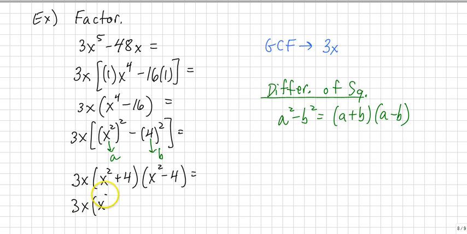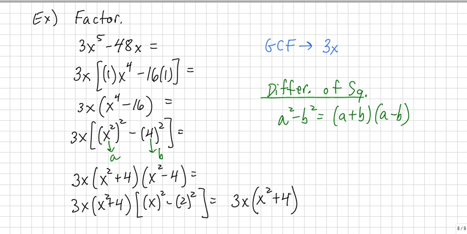And x squared minus 4 could be written as x squared minus 2 squared, which is the difference of squares once again, so it'll factor even some more. So we'll have 3x, and then, this should have been plus back here, sorry, we'll have x squared plus 4. That one doesn't factor anymore because we don't have a difference of squares. The fact that that's plus means we can't factor that one anymore.